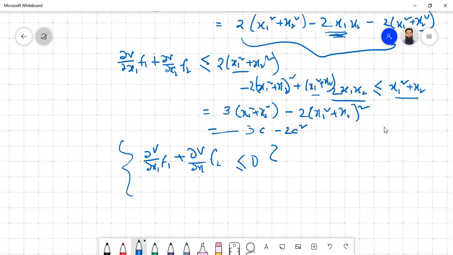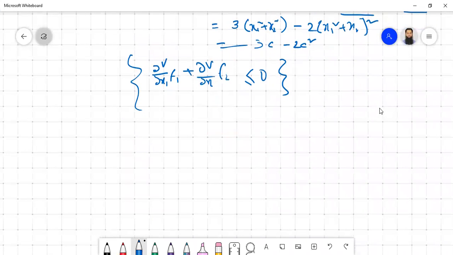So what it means is that we can conclude that there is a limit cycle inside the surface M. Okay, so this is your lemma 2 according to Khalil's book. The last theorem that we have is known as Bendixson theorem.